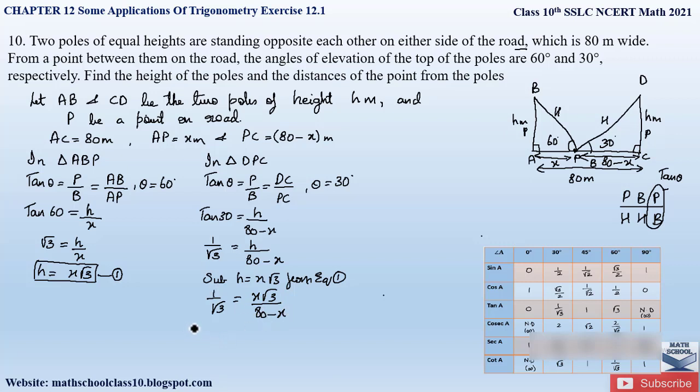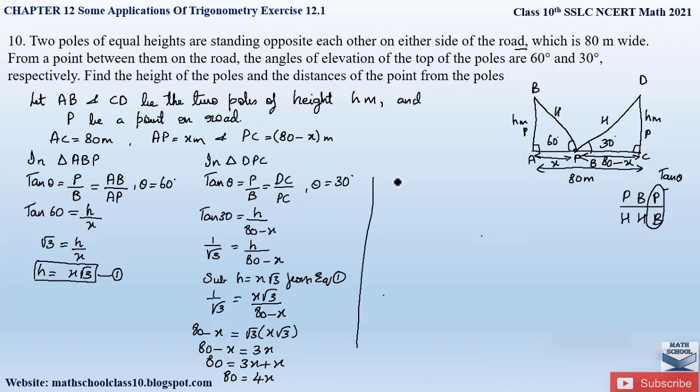So let us cross multiply. So you get 80 minus x is equal to root 3 into x into root 3, right? So 80 minus x is equal to, what is root 3 into root 3? It is 3, so it is 3x. Send this minus x to the right hand side, we get 80 is equal to 3x plus x, or 80 is equal to 4x, or we can write down x as equal to 80 divided by 4.